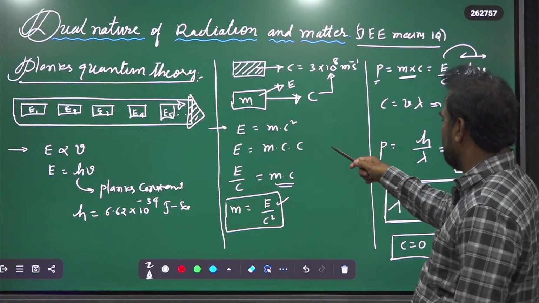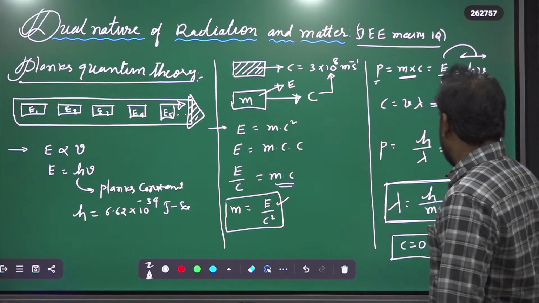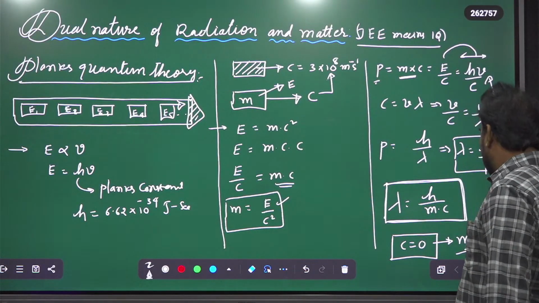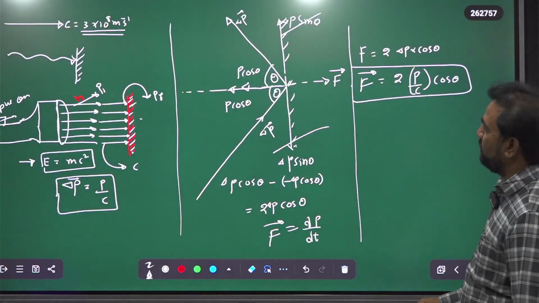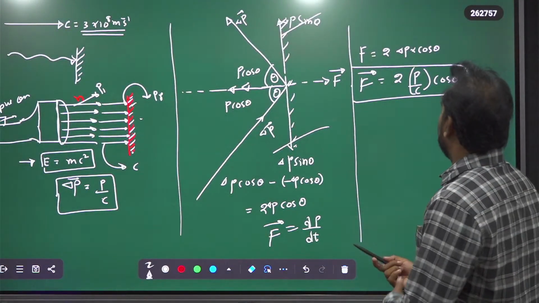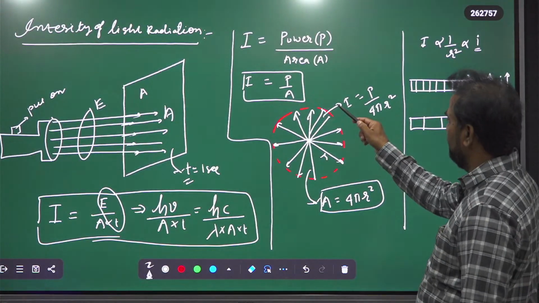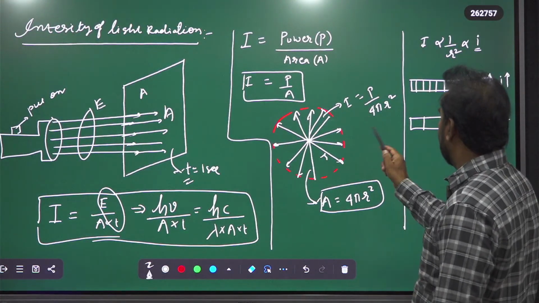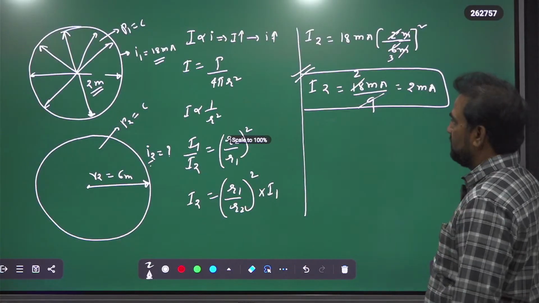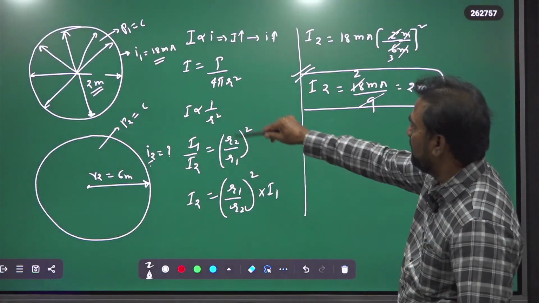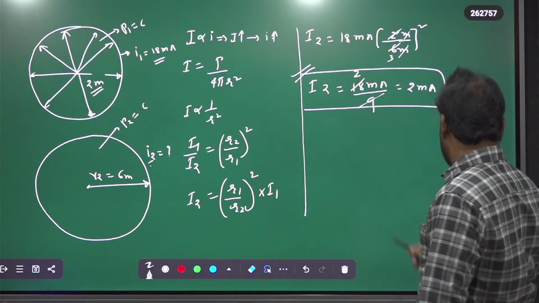What is the photon, photon mass and wavelength. Wavelength we have calculated like this, and momentum, force exerted by the photon. Next, see, intensity of light like this. Next, intensity varies with respect to radius like this.